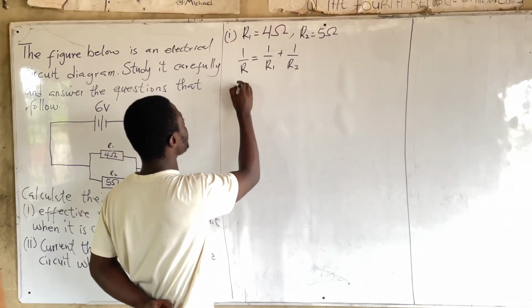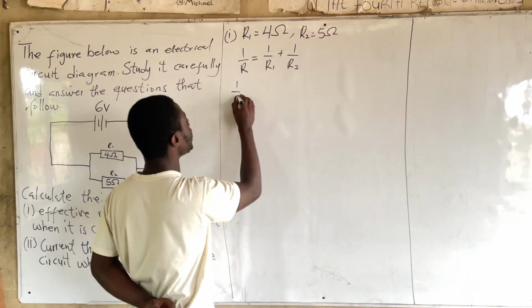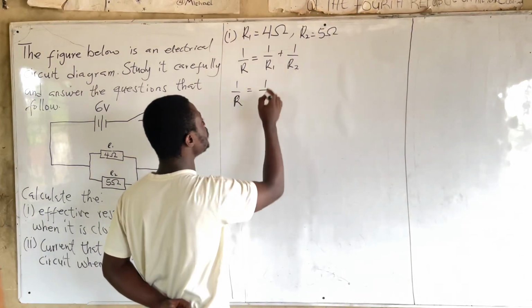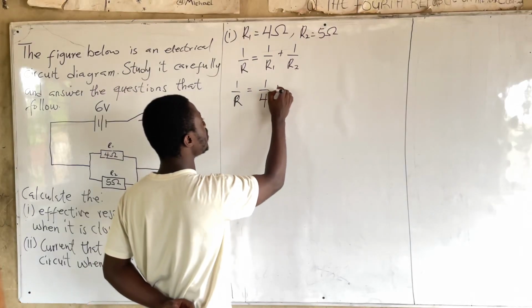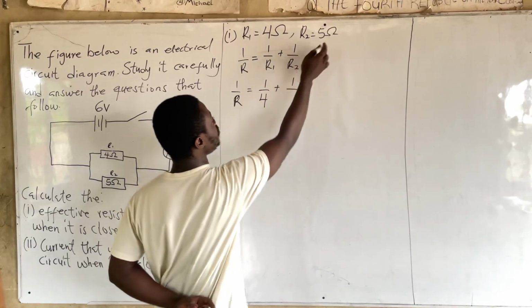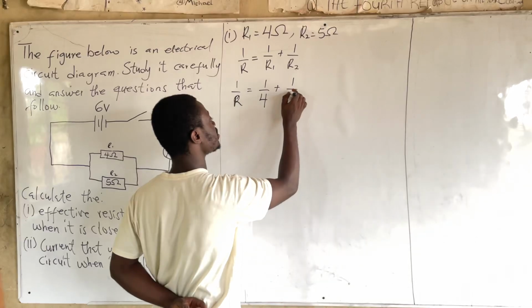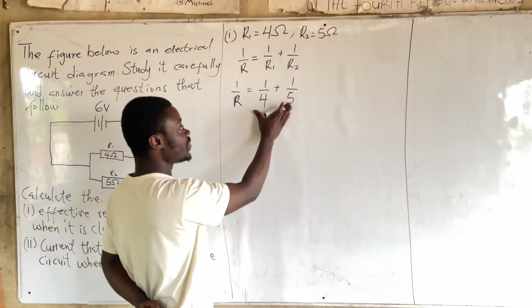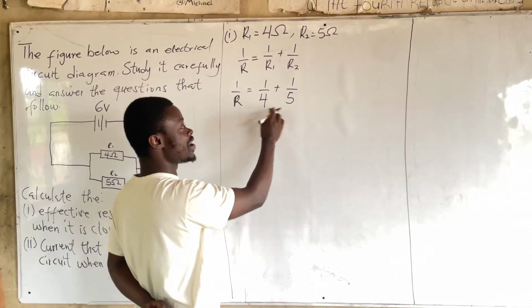So this gives us 1 over R equal to 1 over R1, which is 4 ohms. So that is 1 over 4 plus 1 over R2, resistor 2 is 5 ohms. Okay, so this is a fraction. We find the LCM. The LCM of 4 and 5 is 20.